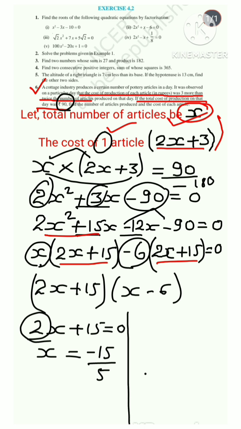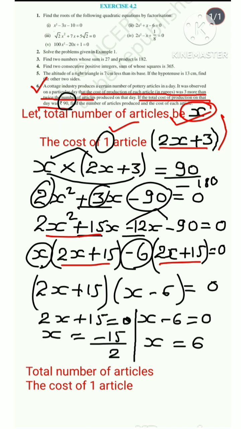Similarly x minus 6 equal to 0, then here we obtain the value of x as plus 6. In this way we have obtained two values of x. The first one is minus 15 by 2 and the second one is 6.